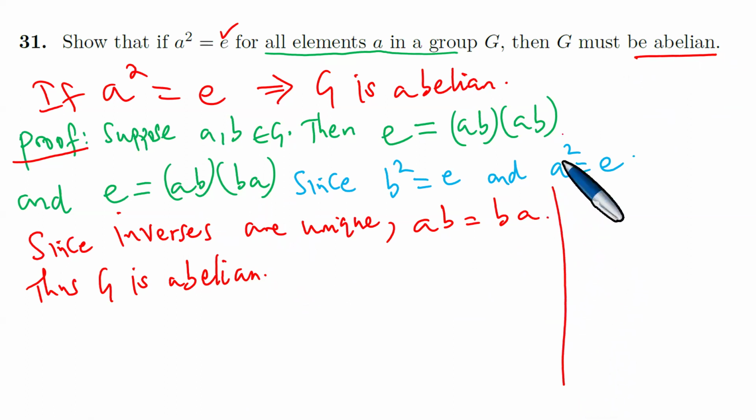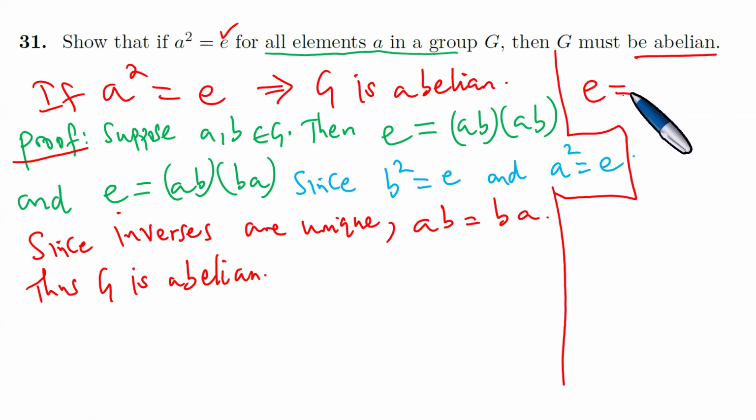For example, if we claim that indeed E is equal to AB, BA, why? Well, because we've already said B times B is B squared, which is E. This equation is sort of the power equation. It's the most powerful of equations we have. It's able to give us the result.